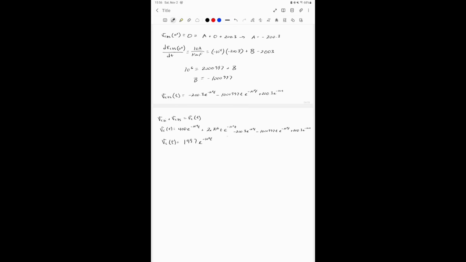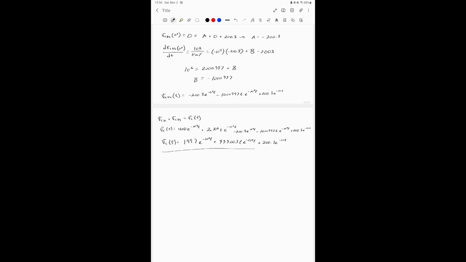And then we're going to have 2 times 10 to the 6th minus 1,000,997, so this is going to be plus 999,003 t e to the negative 10 to the 4th t. And then this is going to be plus 200.3 e to the negative 10t.